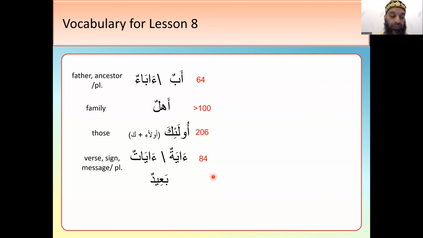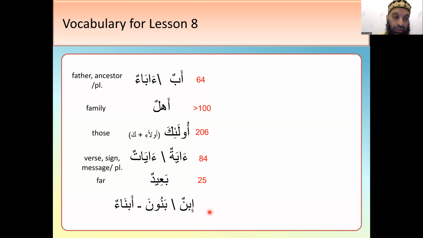Ba'id. I think this is also an Urdu word. Far. Ba'id, far. Ibnun. And then you got banuna, abna'un.